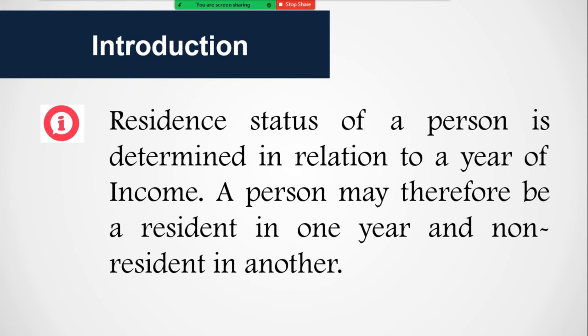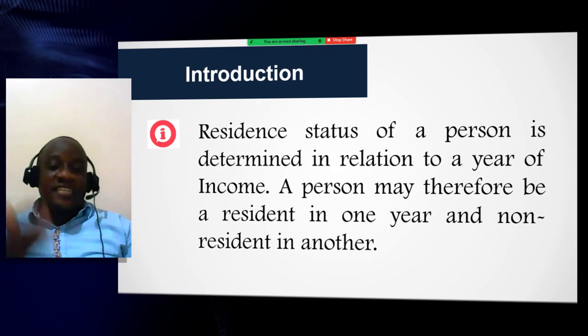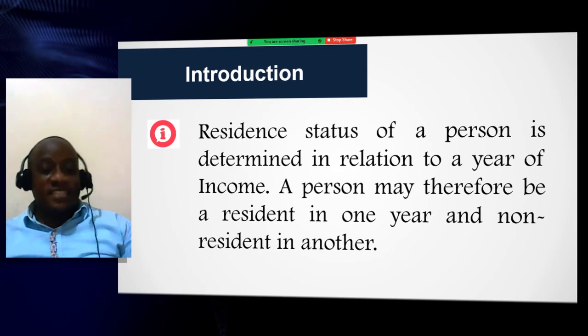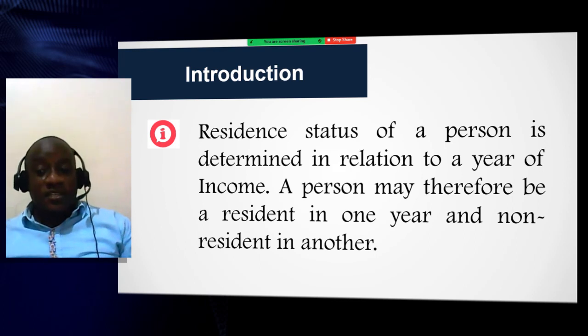You could be filing a return right now of a client who was a non-resident last year and is a resident this year. It happens a lot. You find that someone was actually a non-resident last year, but this year they are resident. So when you're filing a return, you have to be careful, because you remember the accounting of taxes is usually done in areas.